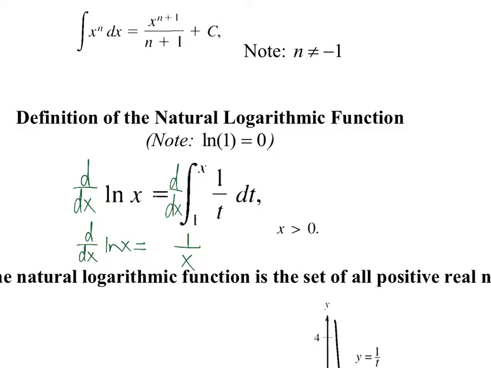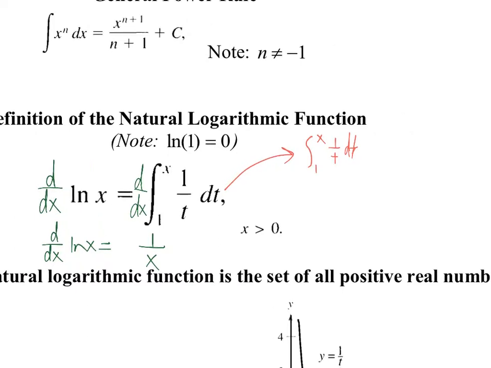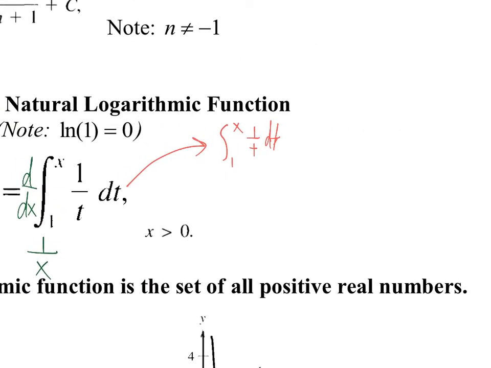All right, if I wanted to prove this, before I took the derivative, if I just took the integral from 1 to x of 1 over t dt, the integral of 1 over t is ln of the absolute value of t, and I'm going to then evaluate that from 1 to x.